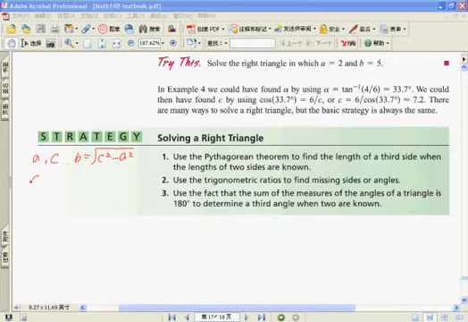And if you know A and B, then C is equal to the square root of A squared plus B squared. Okay, so this is step 1.